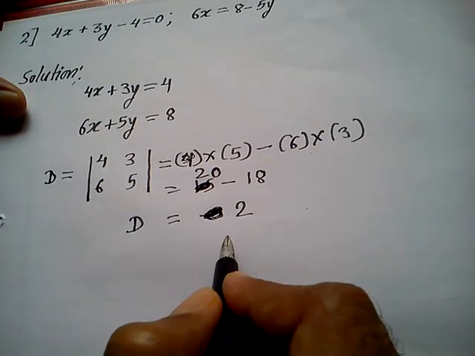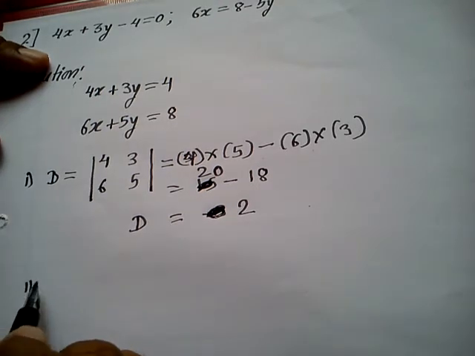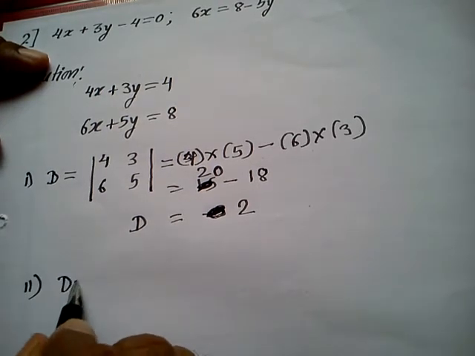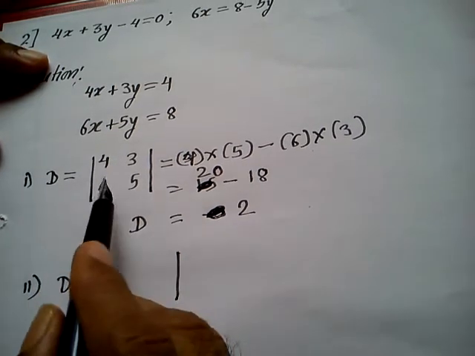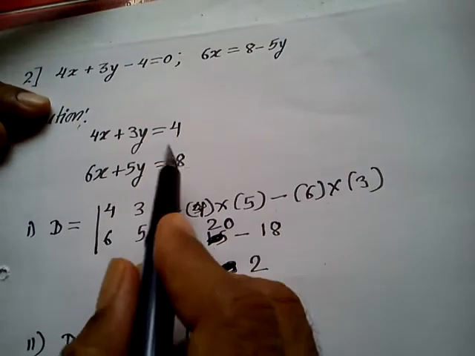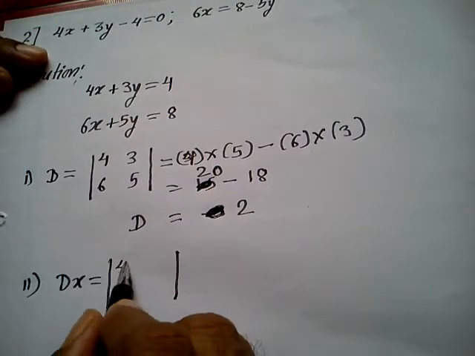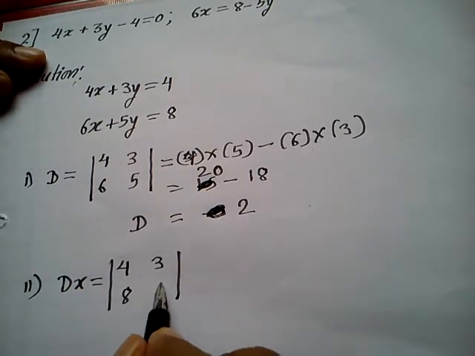Avoid mistakes, calculate carefully. First step. Second step very important, that is dx is equal to, see the above determinant, in the x, remove this one, 4 and 6. In place of that, write down 4 and 8. Constant terms, y will be as it is, 3 into 5.